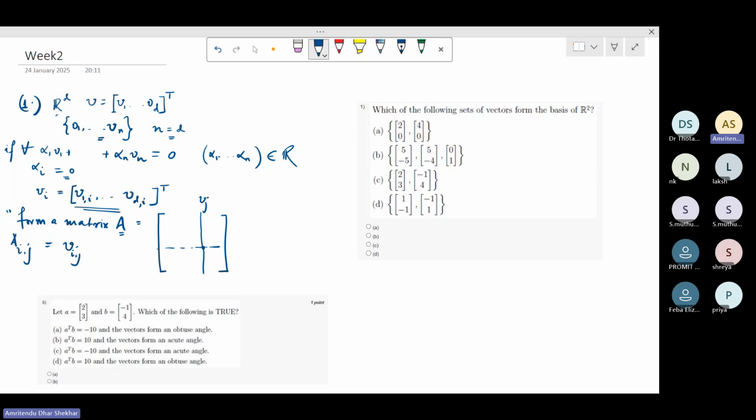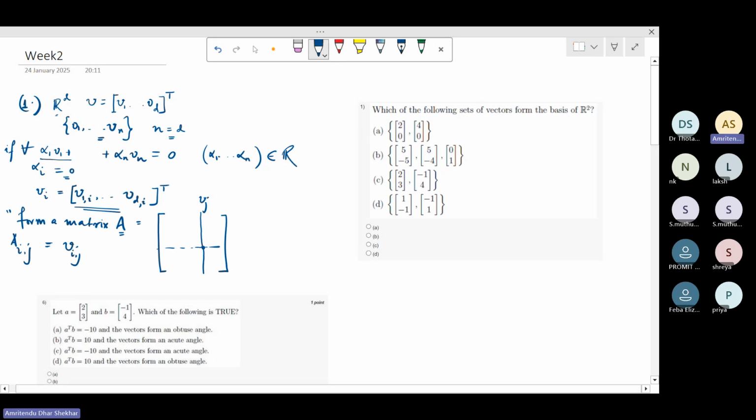Now, once you form a matrix of this kind, there are a number of ways in which you can now solve this. They're all equivalent actually.